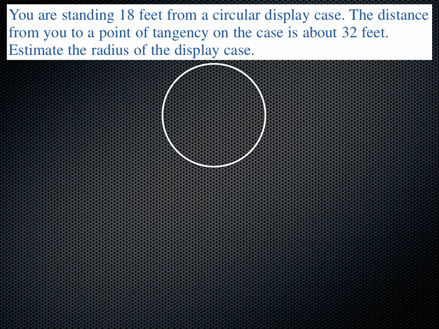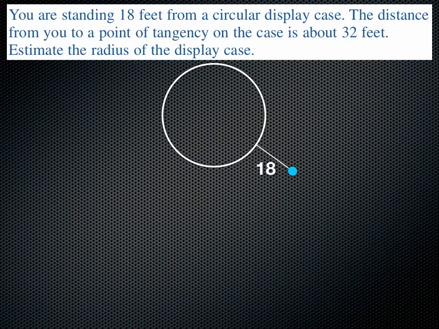My next example says that you are standing 18 feet from a circular display case. The distance from you to a point of tangency on the case is about 32 feet. It asks us to estimate the radius of the display case. If you notice, this circle will represent the display case. The problem tells us that you are standing 18 feet away.